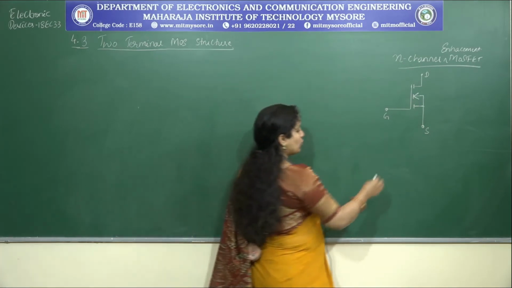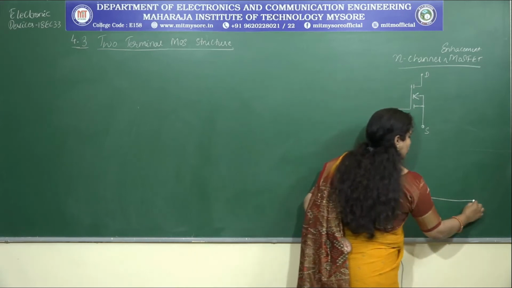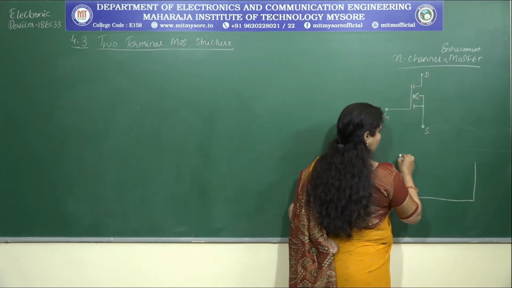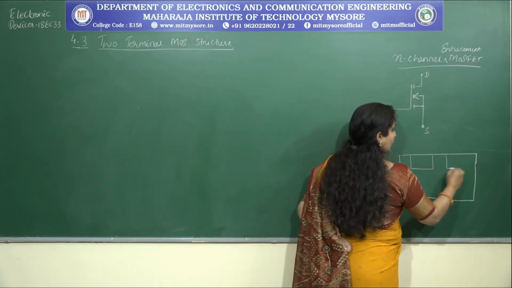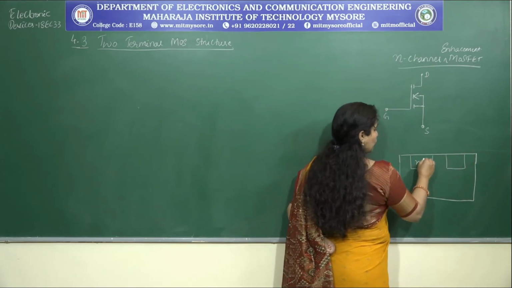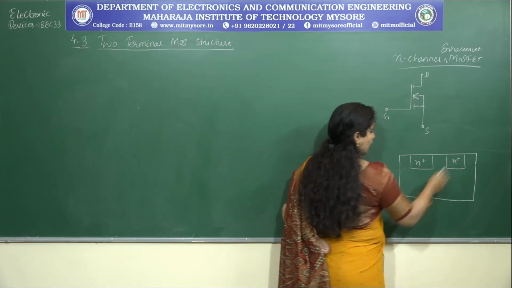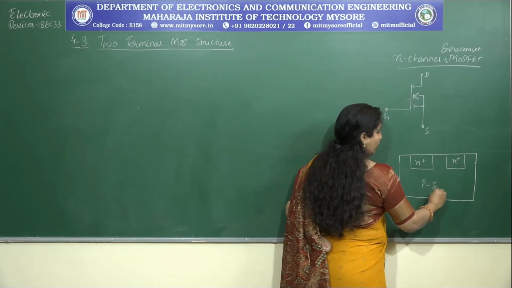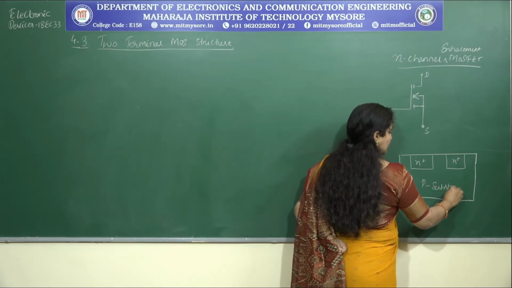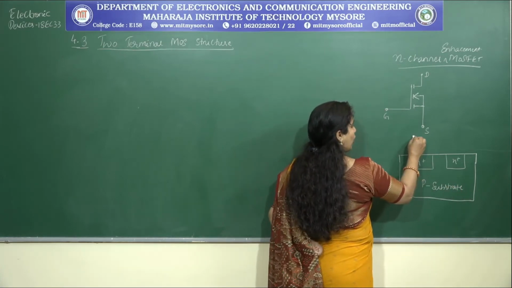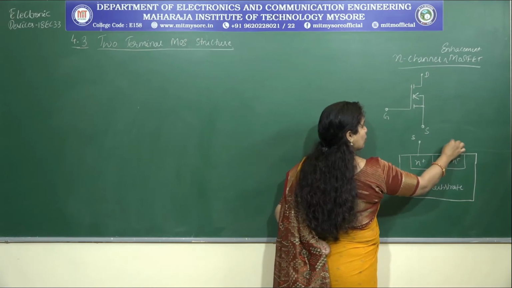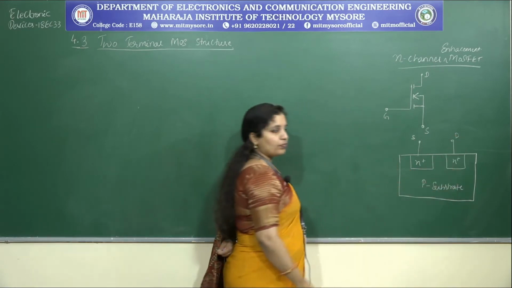Now, if I want to look into the cross section view of this kind of MOSFET, it goes as follows. We have two N plus regions which are formed upon a P type substrate. Done. And then this forms the source, this forms the drain terminal.